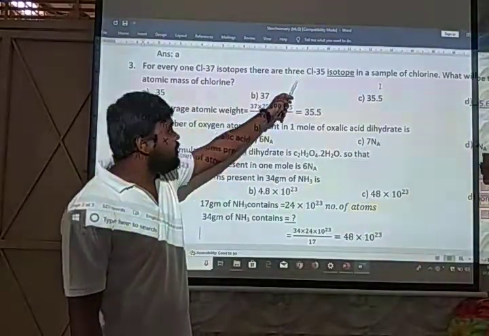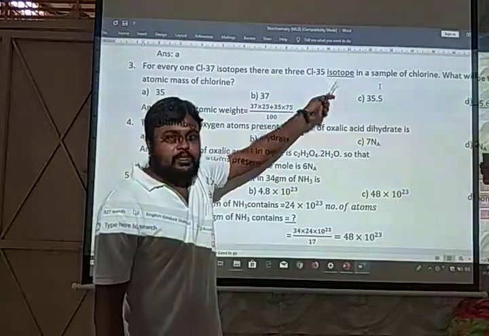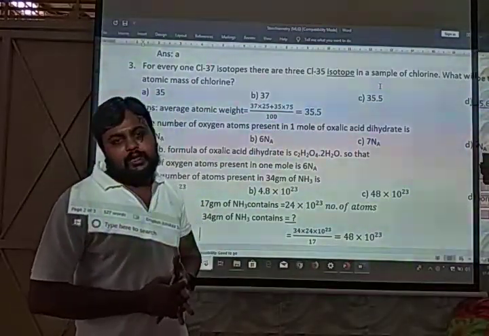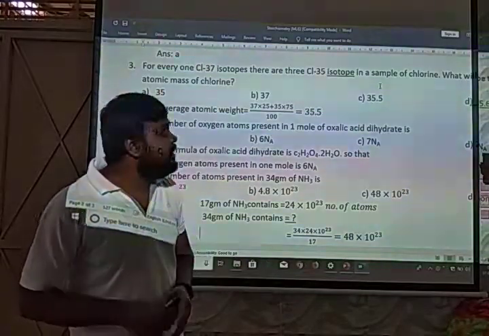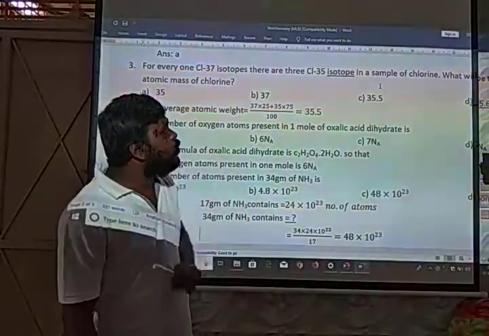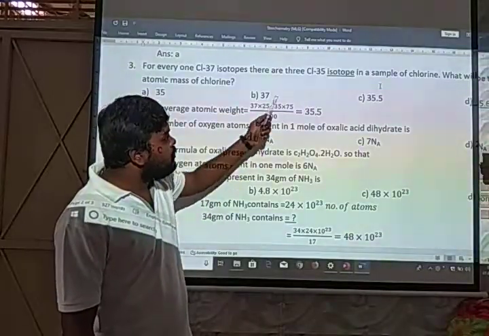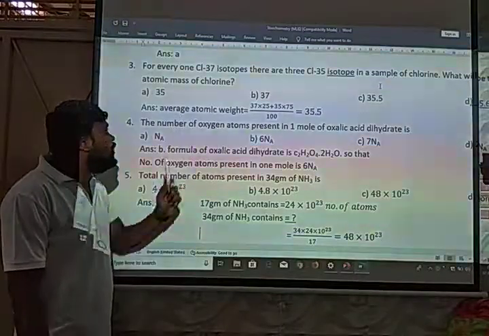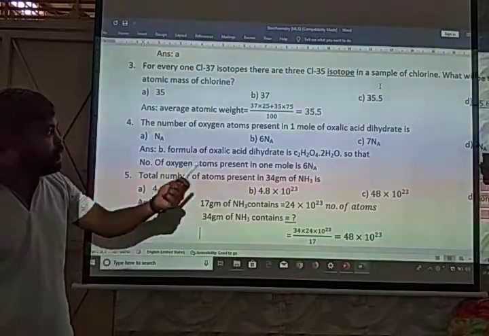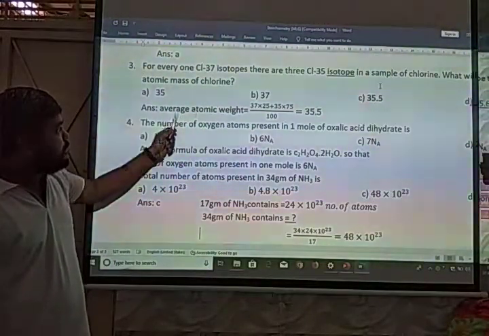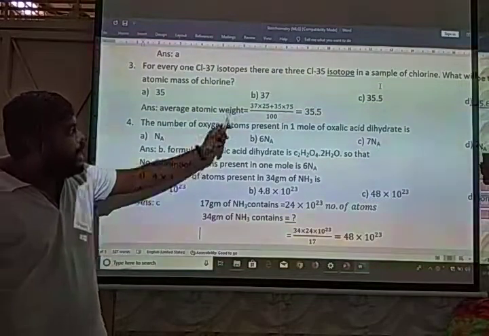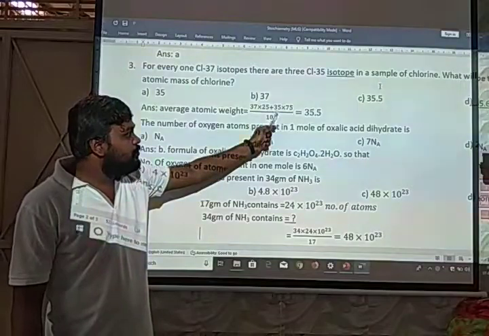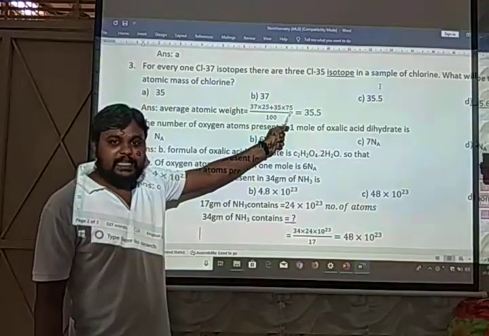Chlorine is available in nature in the form of two different isotopes, chlorine-35 and chlorine-37. Between these two isotopes, in the sample of chlorine, what will be the average atomic weight of chlorine? If you substitute in the formula, the average atomic weight of an element equals the atomic weight of the first isotope times its percentage abundance plus the atomic weight of the second isotope times its percentage abundance.